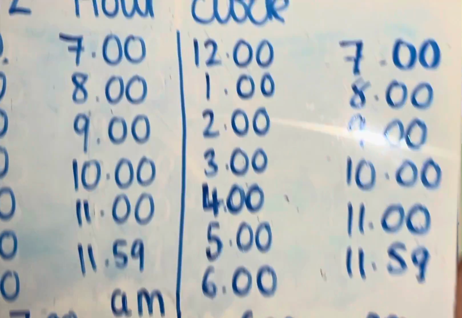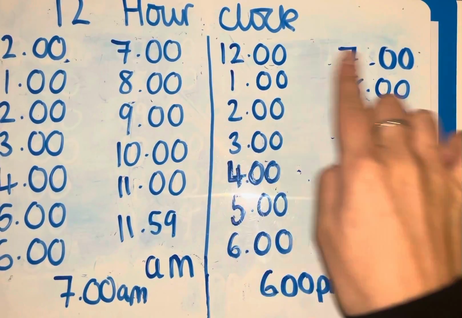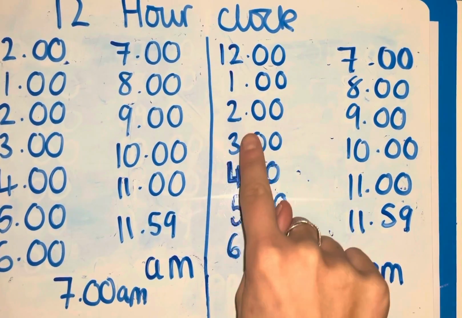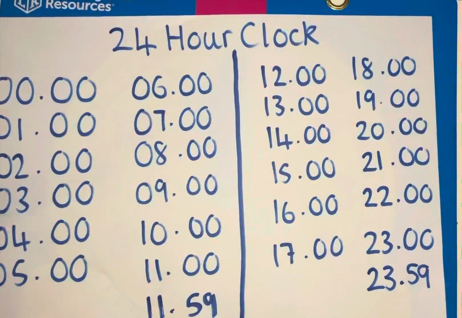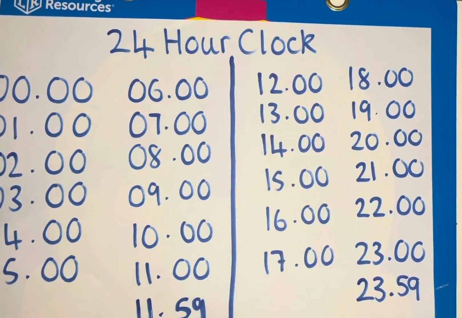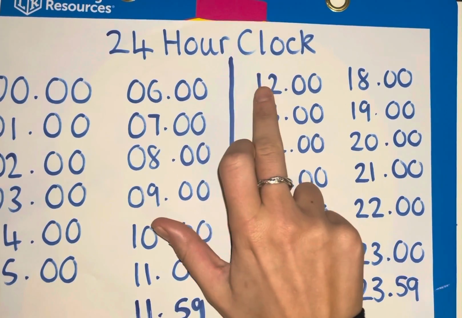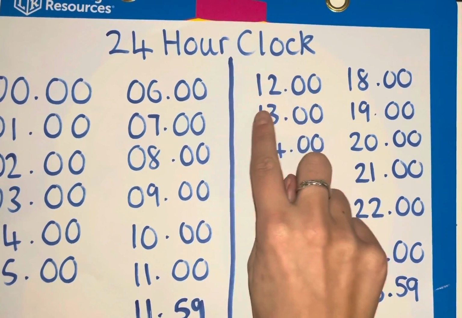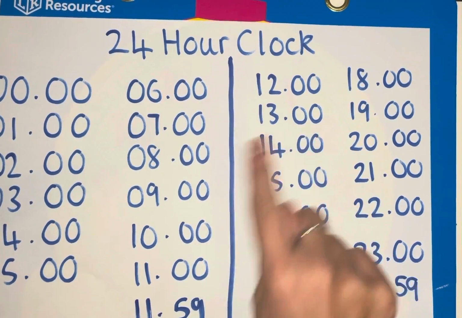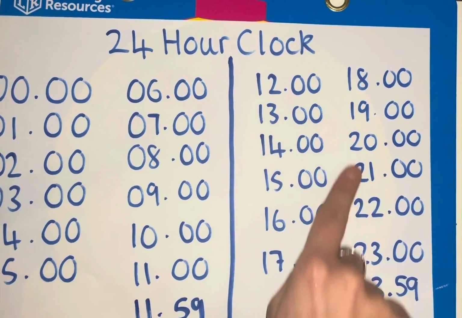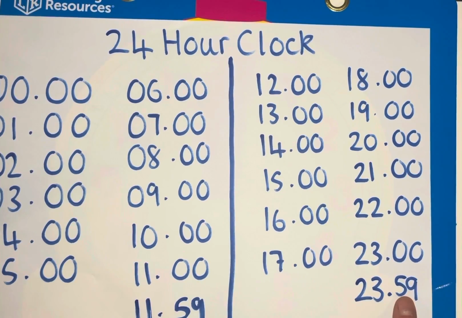Here we have again the 12-hour clock, and we can see that we continue the pattern. So 12 o'clock, 1 o'clock, 2 o'clock, 3 o'clock. But on a 24-hour clock, we don't do that. We continue on. So we have 1200 hours, 1300 hours, 1400 hours, 1500 hours, all the way up until 23:59.